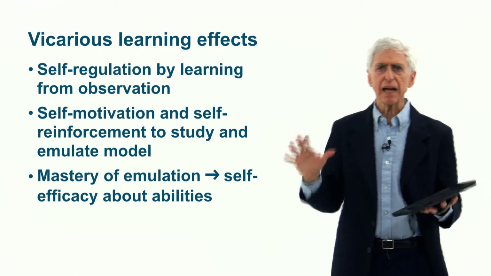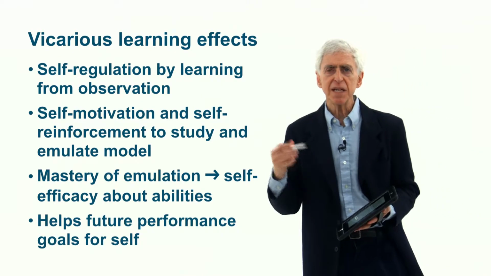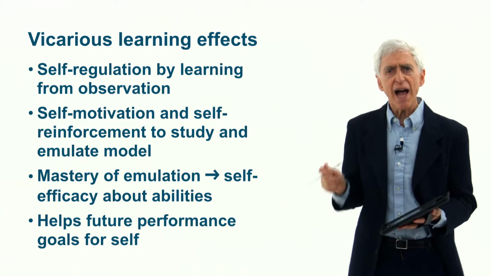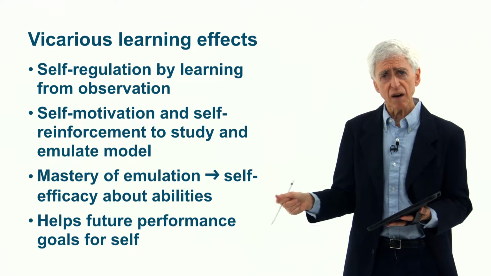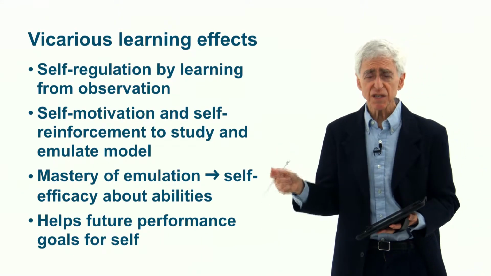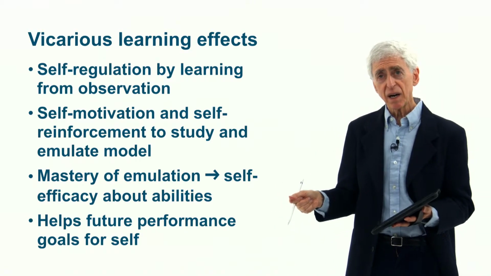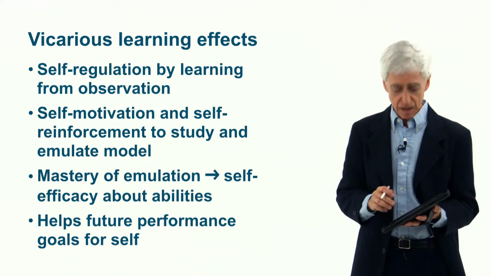And that is a big attitude change, because it helps me see, or it helps your student see, in the future, if I have a goal and I have a model for how to reach that goal, I know that I have the ability to really study and emulate and make it happen and get the kind of results that that person got.